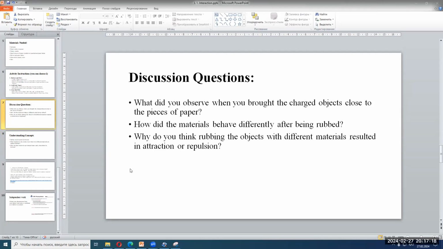What do you mean by different charge? Irfan, is it correct? You said when a different object with a different charge is near.